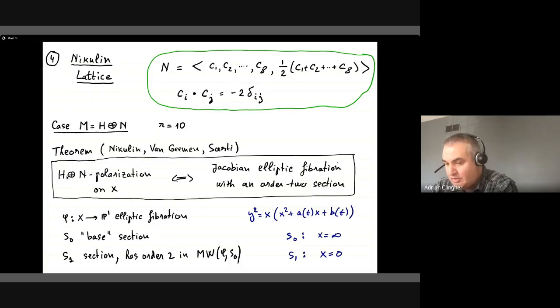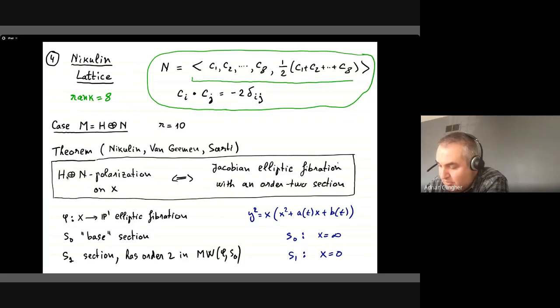All right. So now moving up to other polarizations, I would like to take a couple of minutes to talk about what is called the Nikulin lattice. The Nikulin lattice is a special lattice of rank 8, and it's negative definite. Its simplest definition is given here.